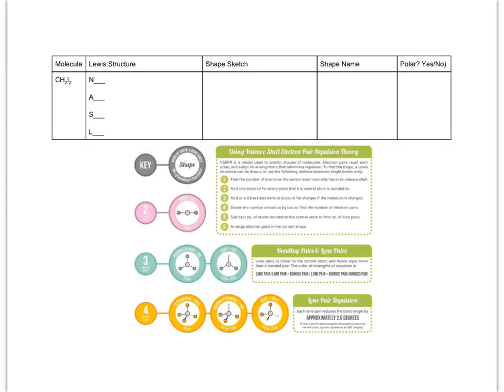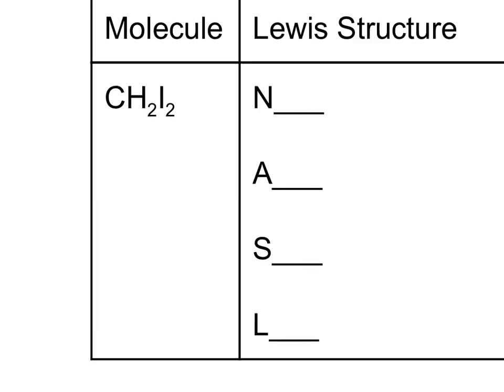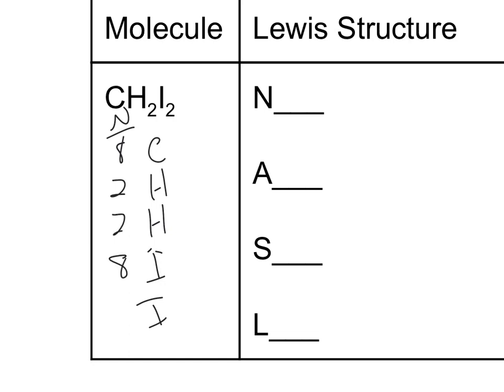All right, CH2I2. We're going to have carbon, hydrogen, hydrogen, iodine, and iodine. So a C, two H's, and two I's. When we look at the need, carbon needs 8, hydrogen each need 2, iodine needs 8.